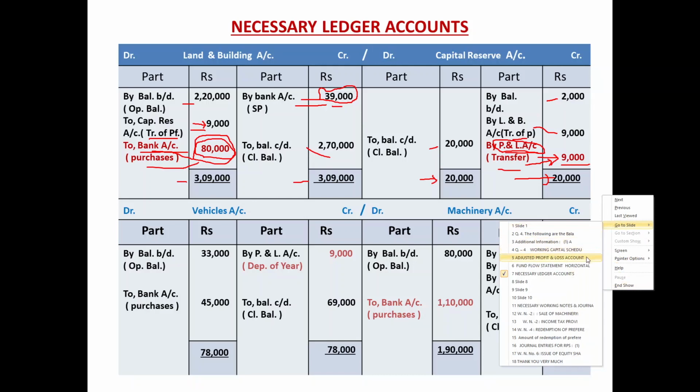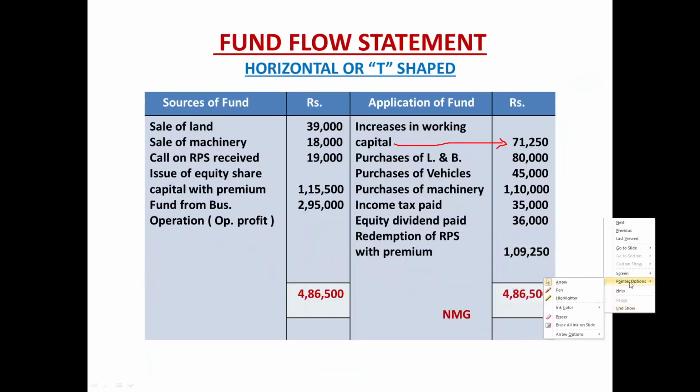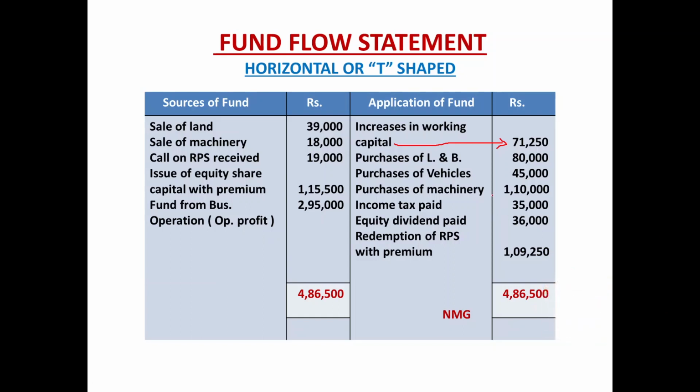So this 9,000 would be reported in the adjusted profit and loss account on the left hand side, the plus side. Let us report these transactions: two in the fund flow statement and one in the adjusted profit and loss account. Purchases of land and building 80,000 is an application, and sale of land 39,000 is a source of fund.